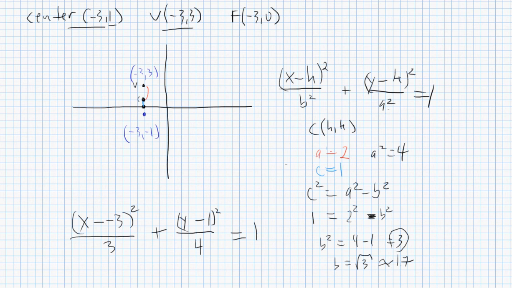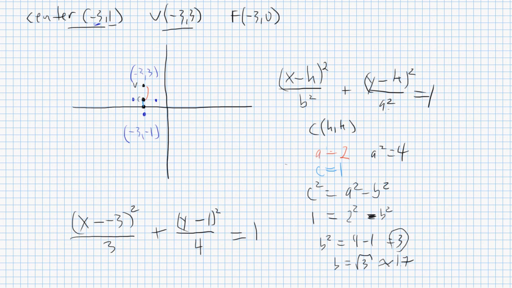Now the minor axis is about radical 3, or about 1.7. So we go about 1.7 to the left, and then from the center about 1.7 to the right. That gives us the other minor axis points. Now we have to write the coordinates in. The center was (-3, 1).